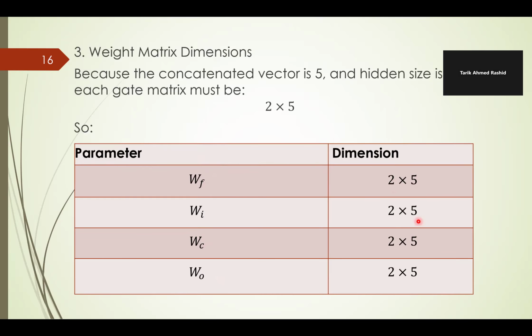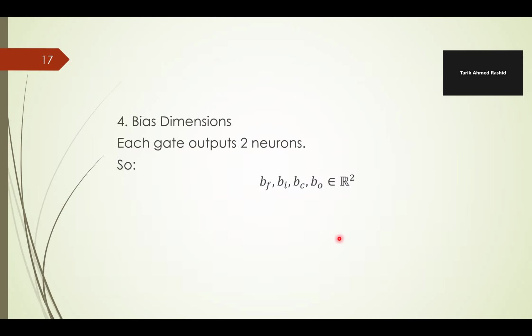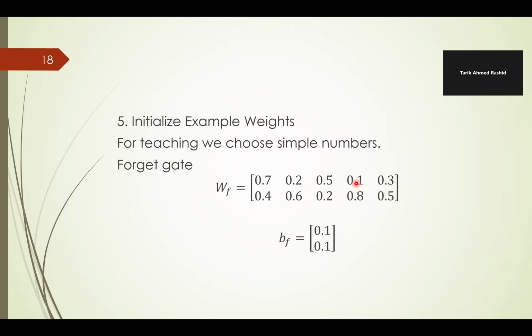So 5 by 2, 5 by 2, 5 by 2, 5 by 2, all of them. Now, biases: in each layer or each network, we have forget gate bias, input bias, candidate bias, and output bias, and the dimension is two neurons for bias.